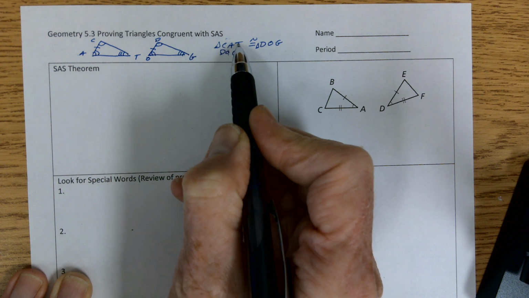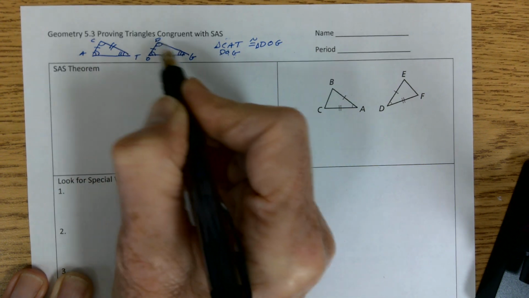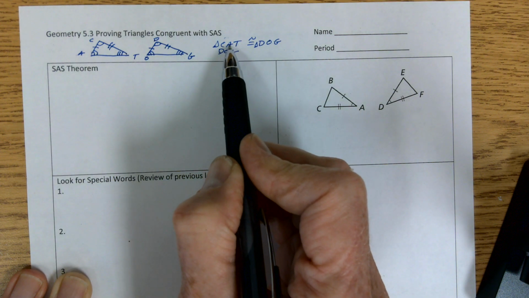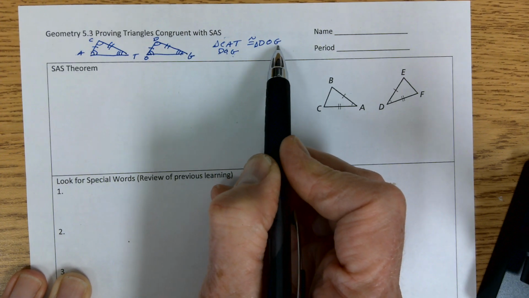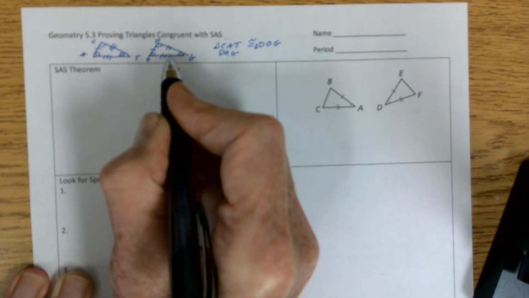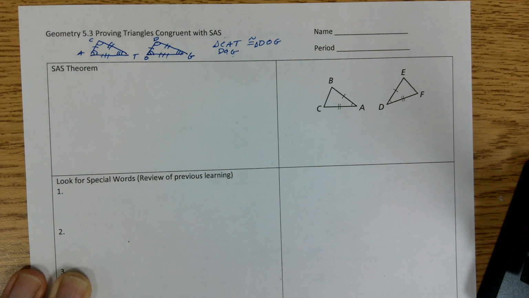Side CT corresponds to side DG. They're congruent. And side AT corresponds to side OG, and they're congruent. So you have three pairs of corresponding angles and three pairs of corresponding sides that are congruent.